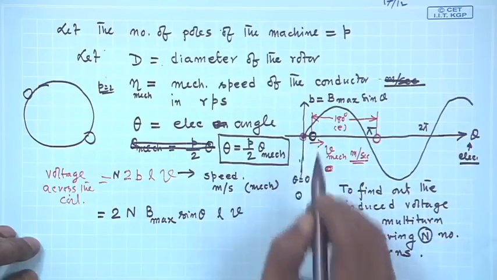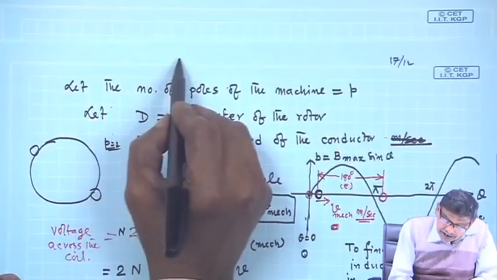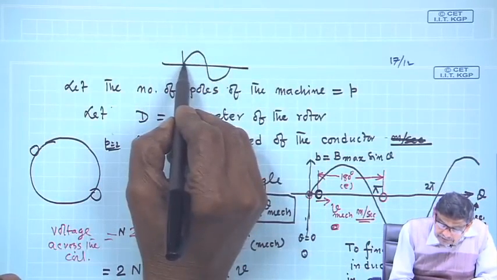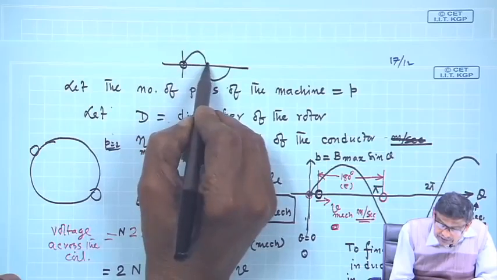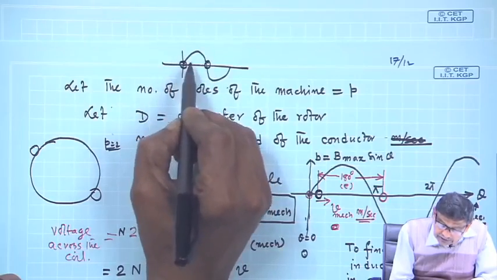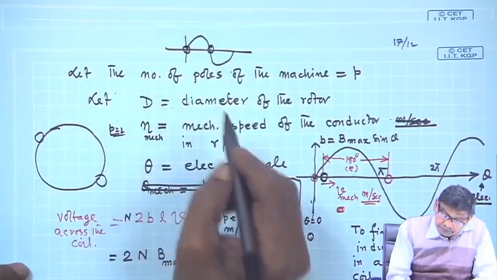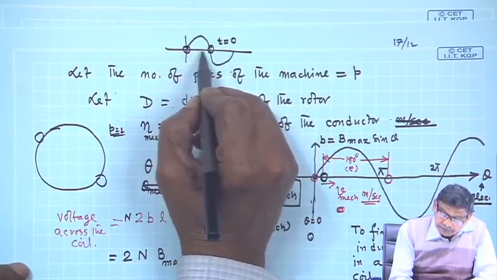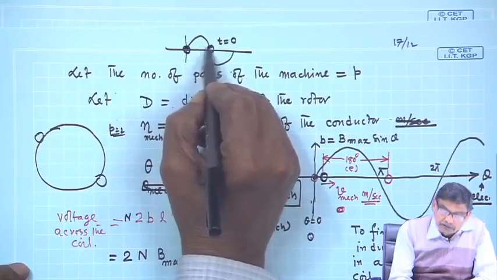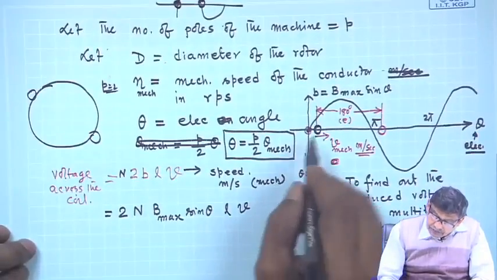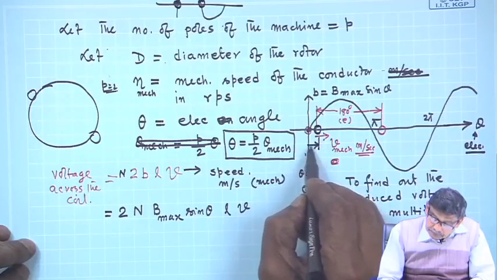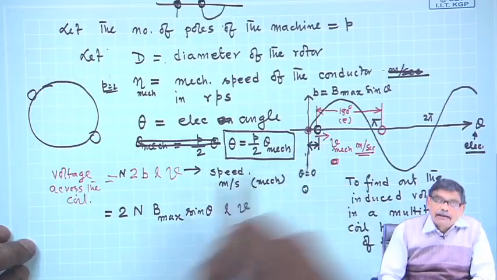That is, theta equal to 0 is with respect to this; I will draw it so that you do not miss any point. This is the position of one coil side and the other coil side at t equal to 0, suppose. These are the positions of the coil. Then after some time it has moved by some angle.